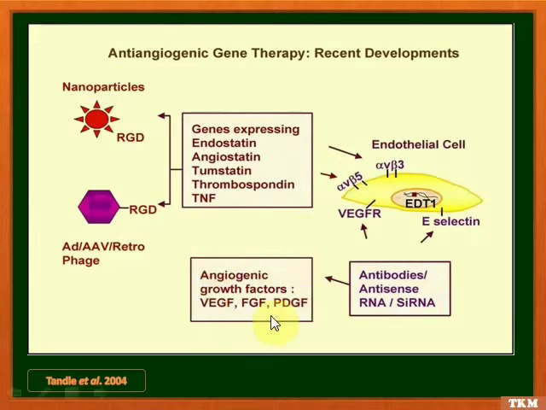So if anyhow we block these angiogenic growth factors, we can block the mechanism of angiogenesis. We can see in this example there is an endothelial cell, and on the cell surface there are several receptors.